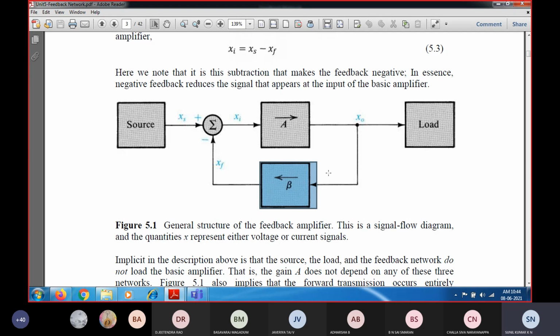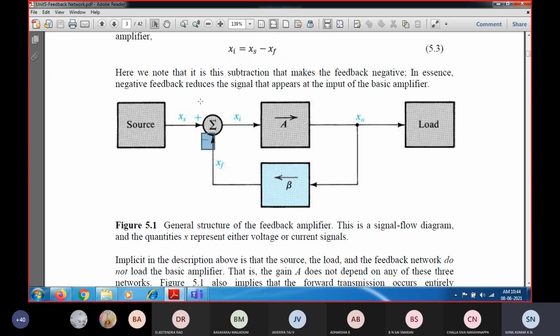You can see the signal flow diagram of this amplifier. The output X naught will be treated as the input to the feedback network, and the output of the feedback network is XF, the feedback signal. This XF will be subtracted.